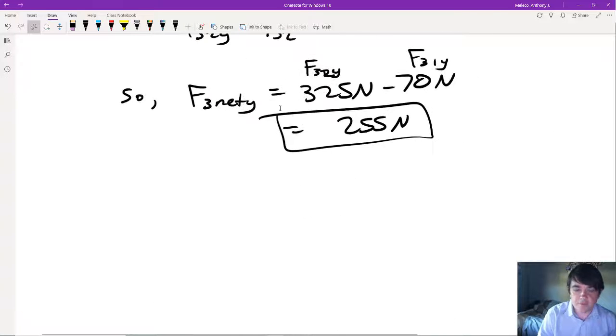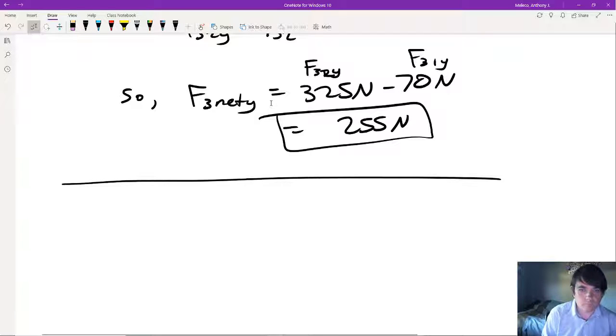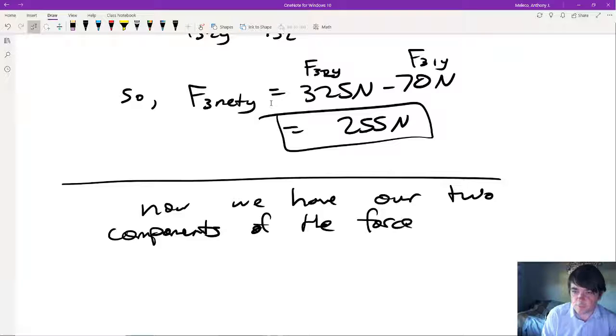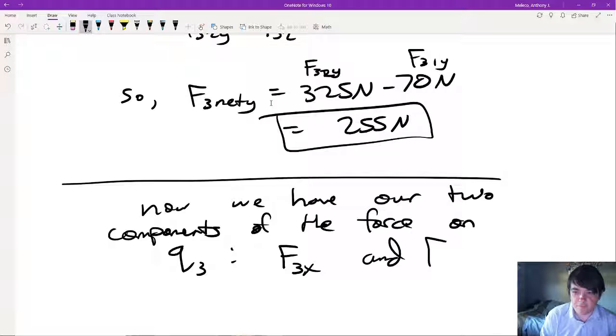So now we have our two components of the force on Q3, sorry, which is F3x and F3y, or net.